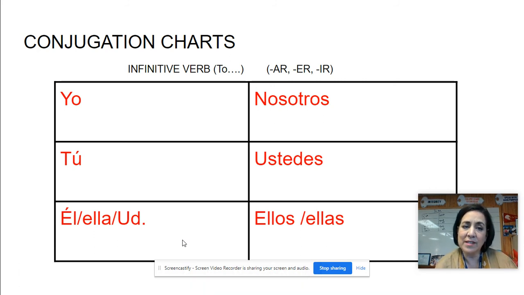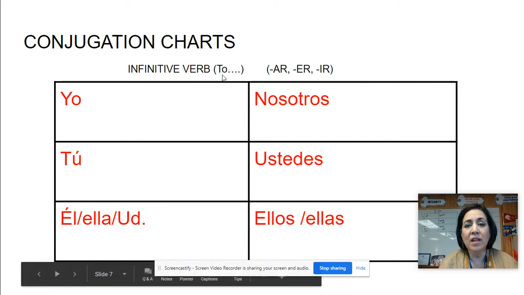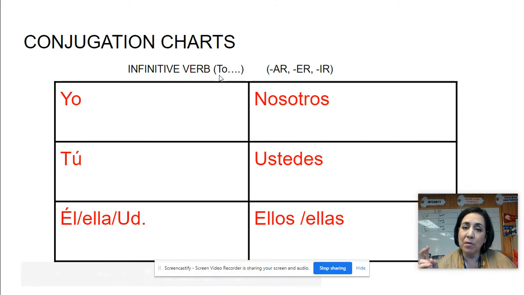We're also going to have a section with the title of the chart, the infinitive verb. So the infinitive verb is kind of the name of the verb. Like, for example, the verb to be, or to jump, or to write. That's the name of the verb. The name of the verb starts with to something. And in Spanish, instead of starting with to something, the infinitive verbs end with these endings: AR, ER, or IR.